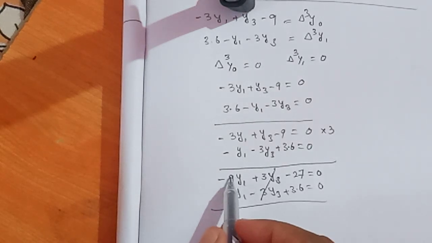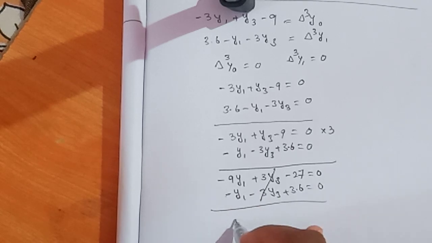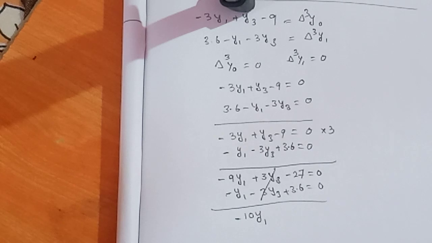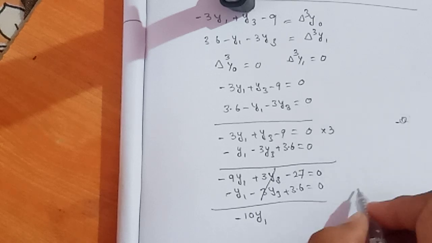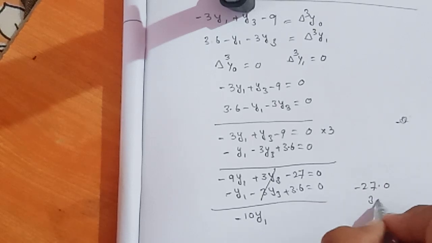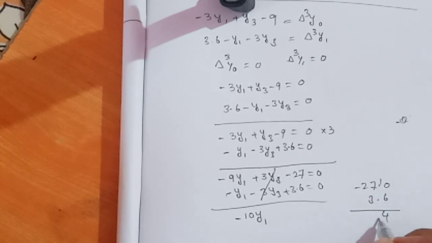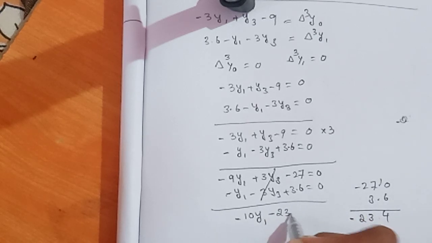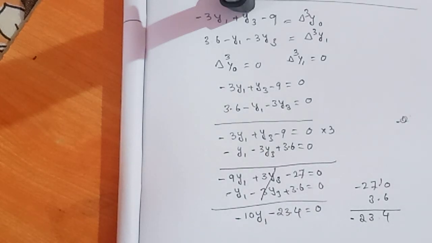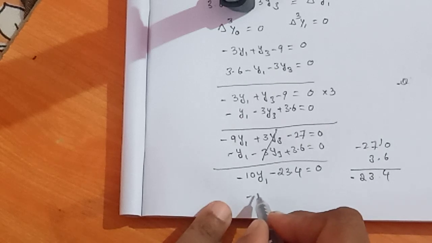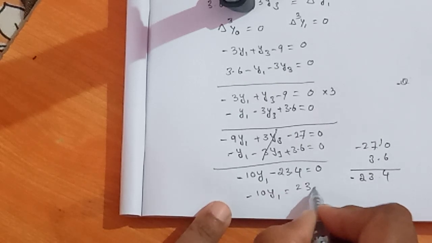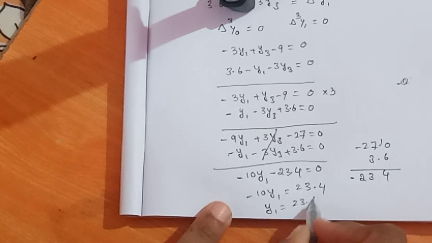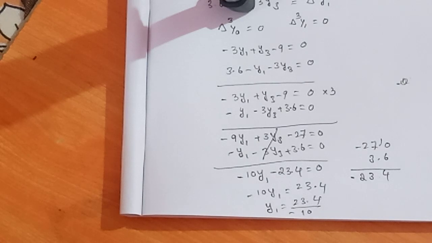So minus 9y1, y1, what it becomes? Minus 10y1. Now next, minus 27 minus 3.6, what we will get? Minus 23.4. Now I want y1 value, so minus 10y1 equal to 23.4, or y1 equal to 23.4 by minus 10.